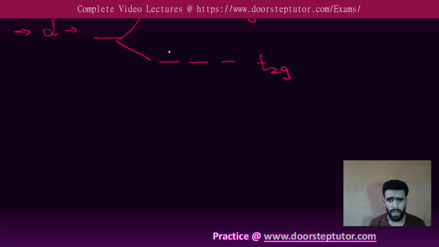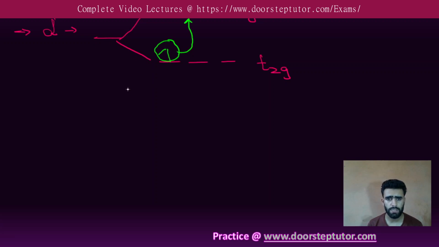Now, we have here one electron. So according to crystal field splitting, this electron will make a transition from the t2g to the eg set.